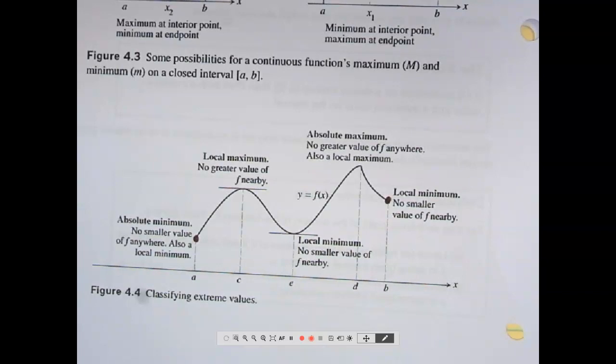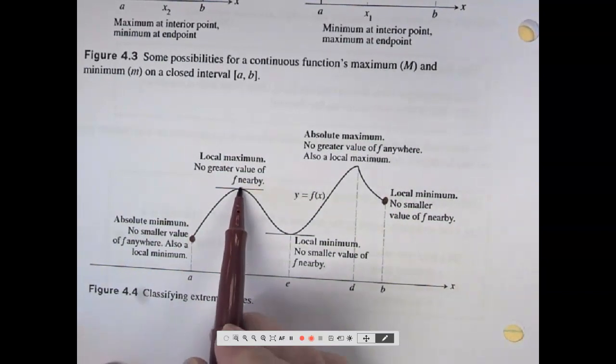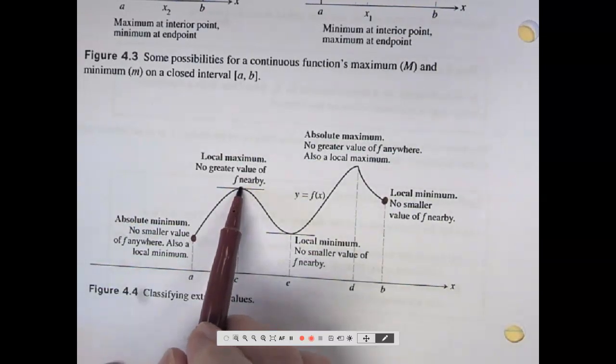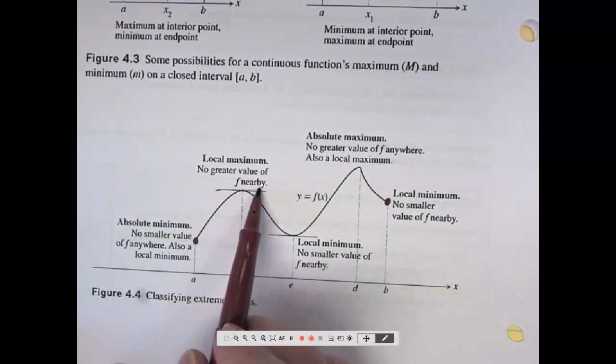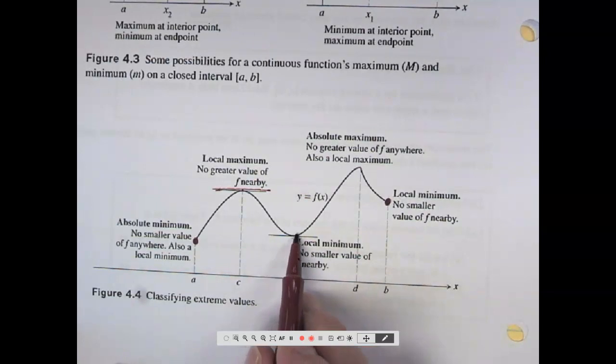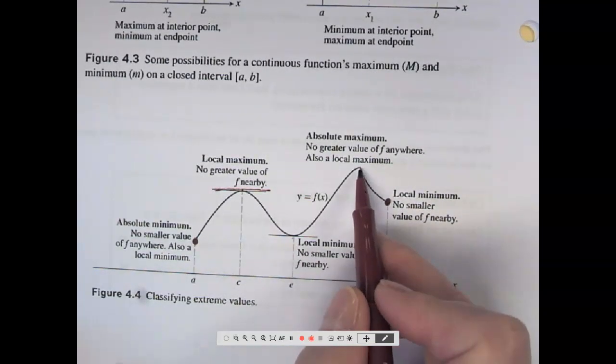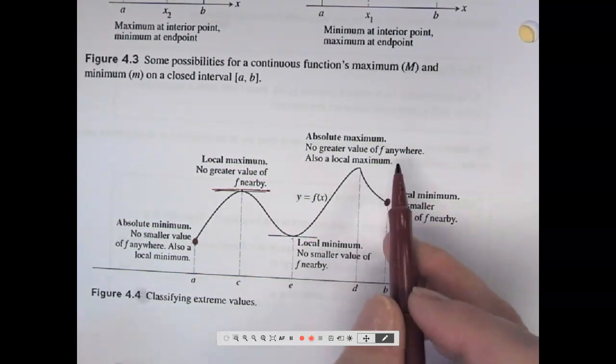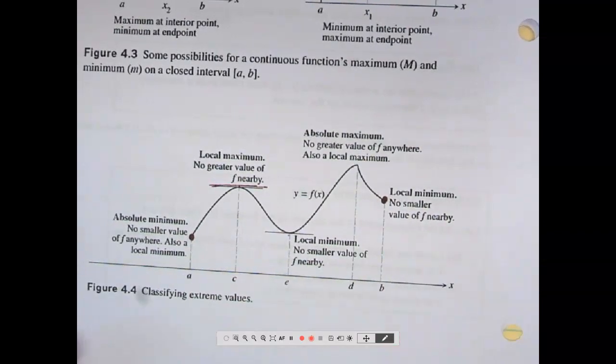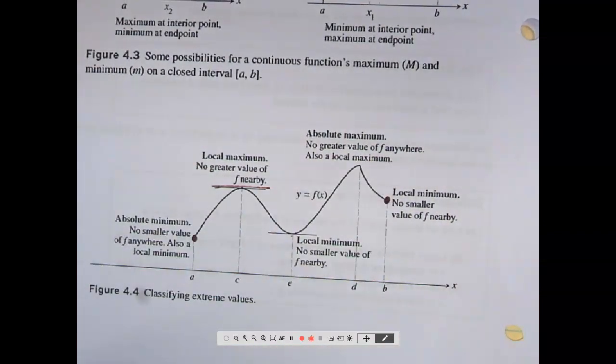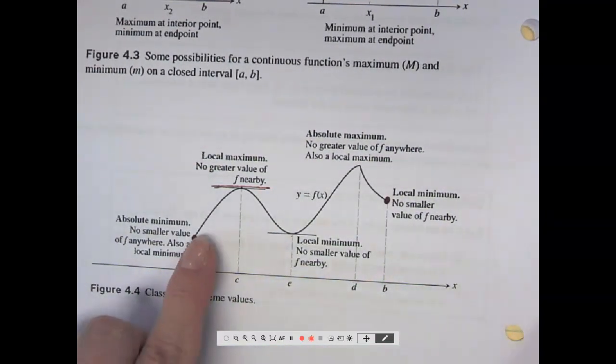Okay? Tell me about the derivatives at this point right here. Slope is 0 there, right? What about right here? Slope is 0. What about right there? Okay, it's undefined, isn't it? Because that's what we call a cusp. So these places that are not endpoints will be of interest.